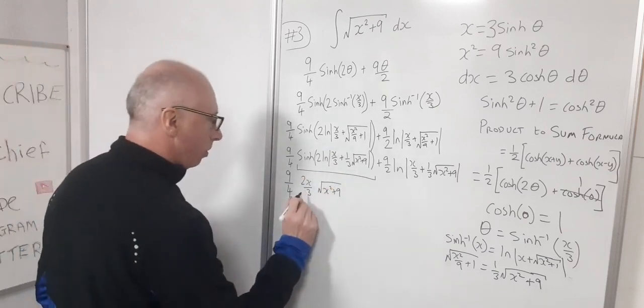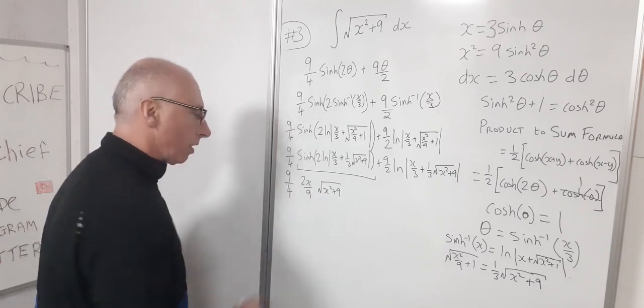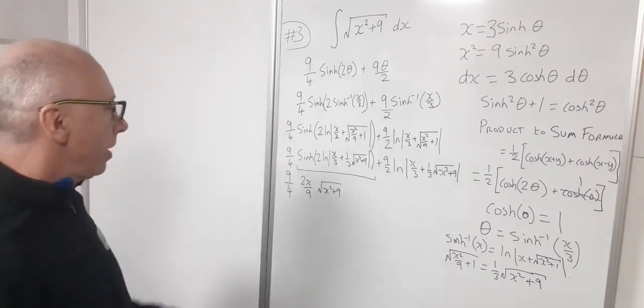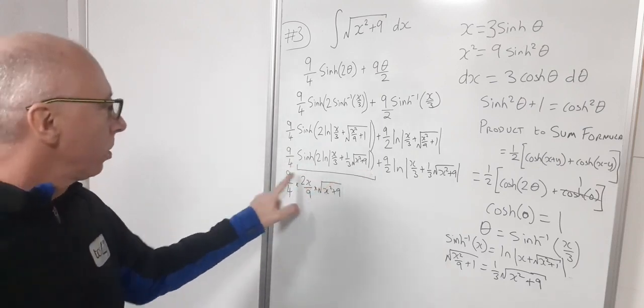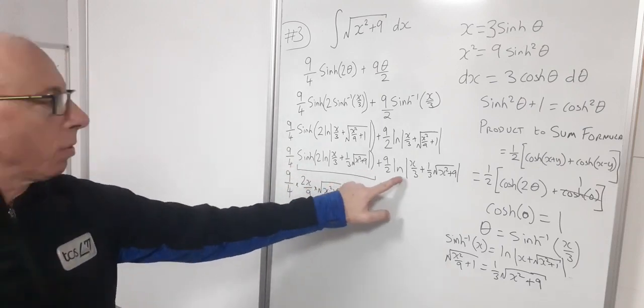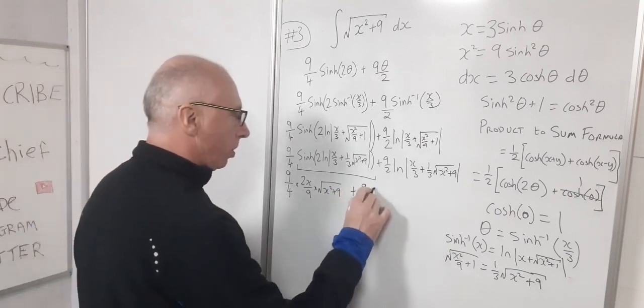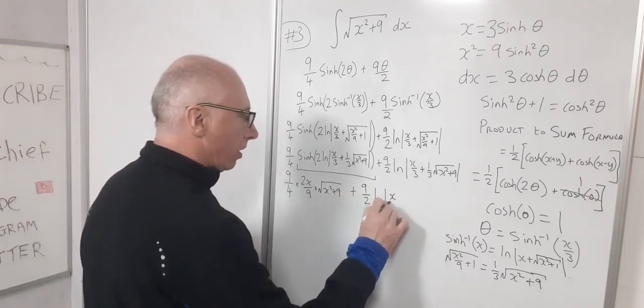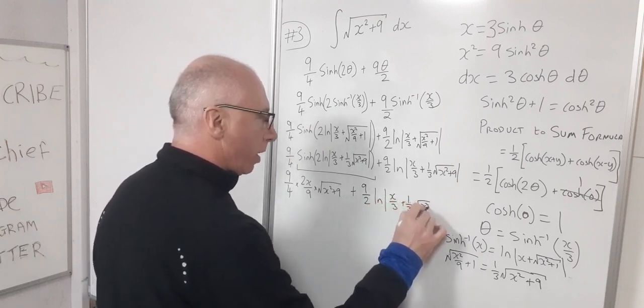So that will be then 2x over 9. So I can change that to 2x over 9, and then these are all multiplied together, so that just becomes that. And then this one here will just stay as it is. So plus 9 over 2 natural log x over 3 plus 1/3 square root of x squared plus 9.